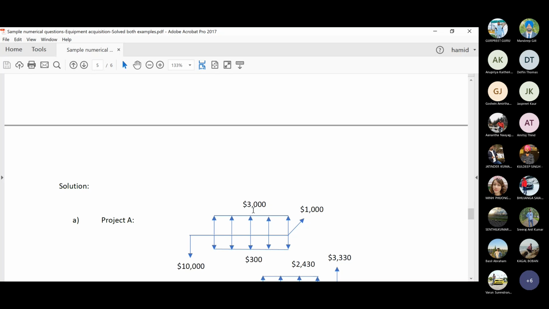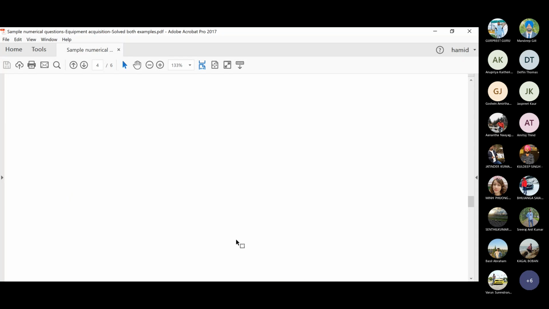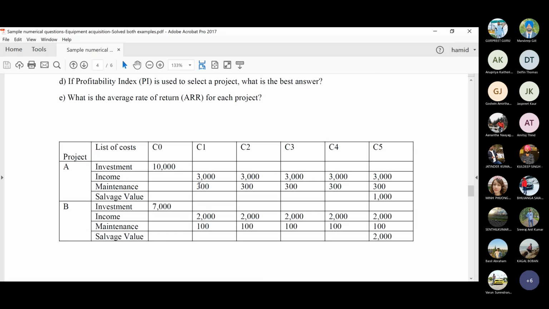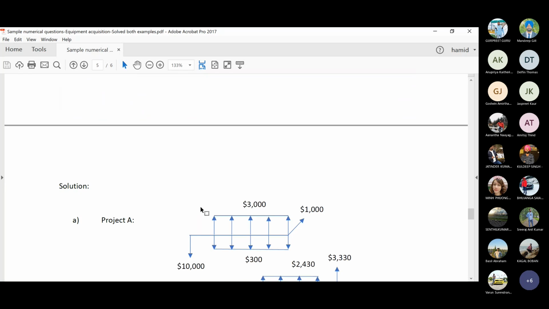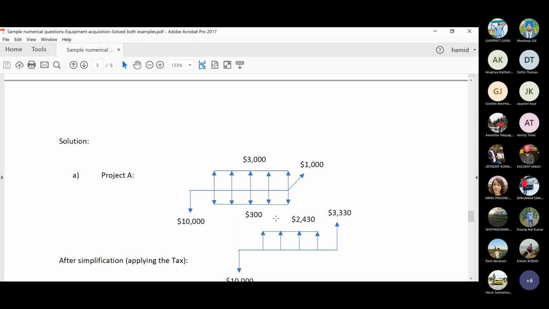So an equal $3,000 each year will be added. And also you should deduct some maintenance costs. This maintenance cost is already given here. So how much is that? 300. So 300 per year you should spend on maintenance.